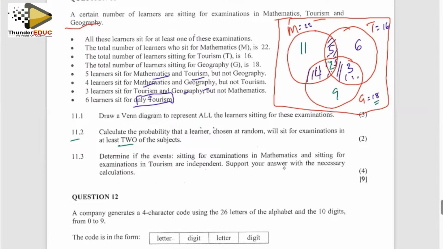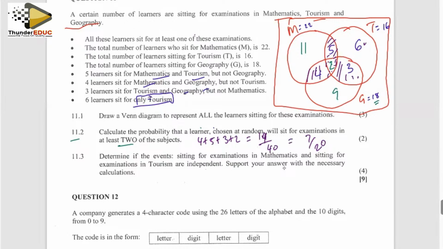So it's going to be 4 plus 5 plus 3 plus 2. That's 9 plus 5, which is 14. The total number of learners I have altogether will be that 14 plus 6, which is 20, 20 plus 20, which is 40. So 14 over 40, which is 7 over 20.